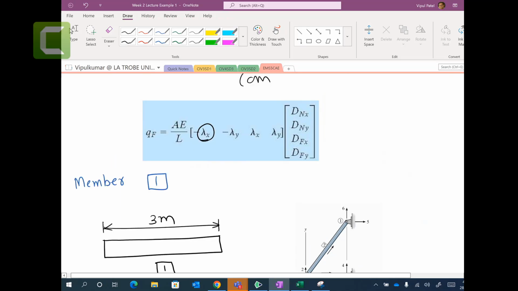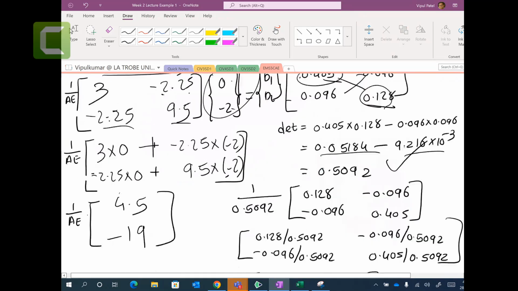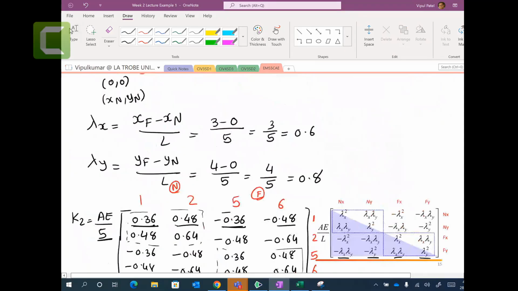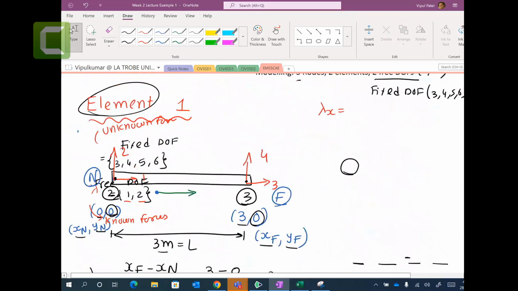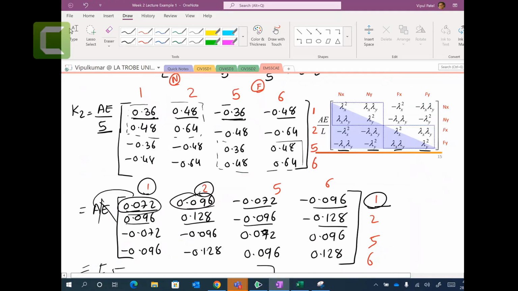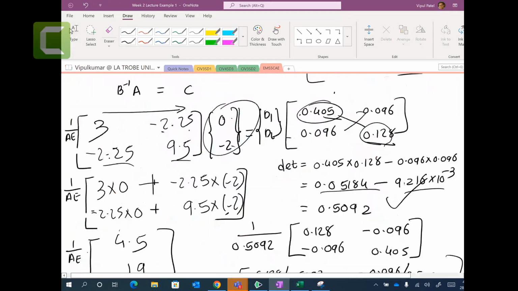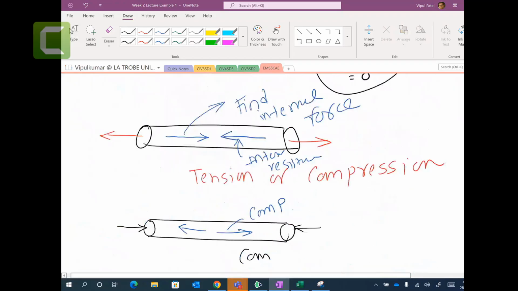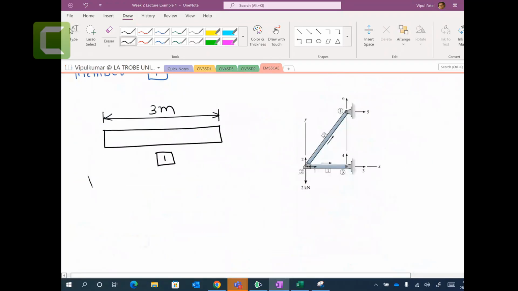Lambda x we can find from the element number one. We already found it. You remember this, lambda x equal to 1 and lambda y equal to 0. That is handy. In the Week 2 lectures, we discussed that one. Lambda x equal to 1, lambda y equal to 0.